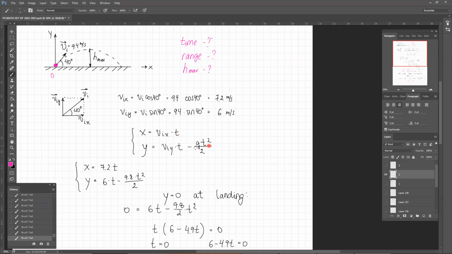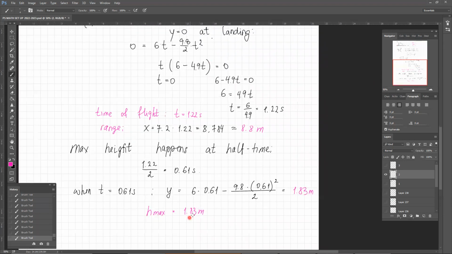Both x and y depend on time, so please don't try to find the vertex. It might be a little bit more complicated than you had thought it would be. Just use this trick that I'm showing you, that maximum height happens at half time. Just find half of the time, put it into the y equation, and you have your answer right here.